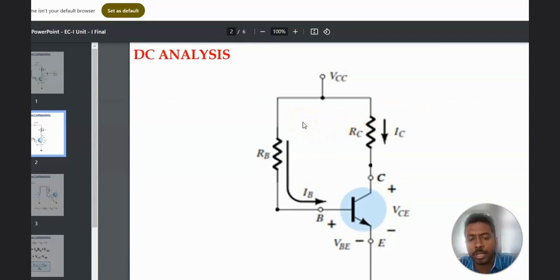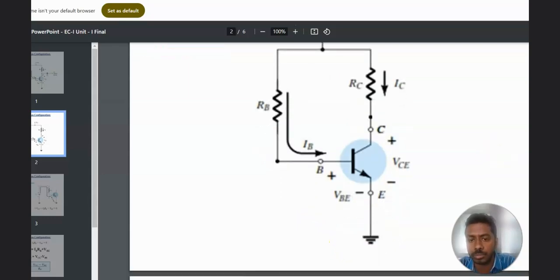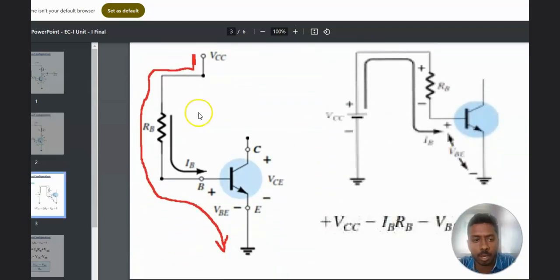First, we are going to apply Kirchhoff's voltage law to its input loop. By applying the KVL to its input loop, we will get the equation VCC minus IB RB minus the base emitter voltage VBE equal to 0.